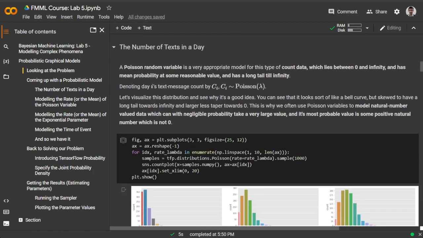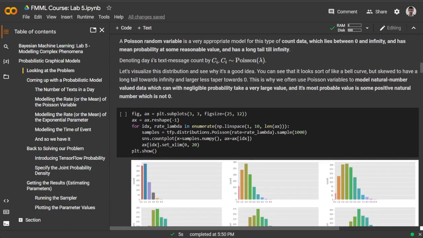And here we start with some intuition that we have on different types of random variables and different types of distributions. The number of text messages that each person receives every day should sort of be sampled from a Poisson distribution.